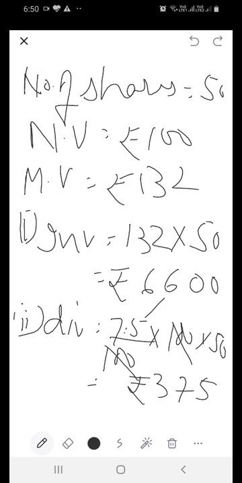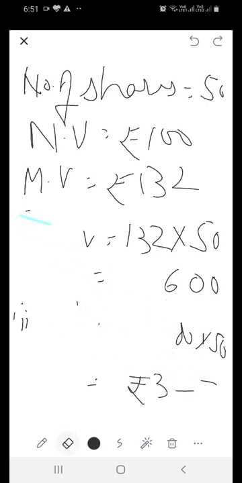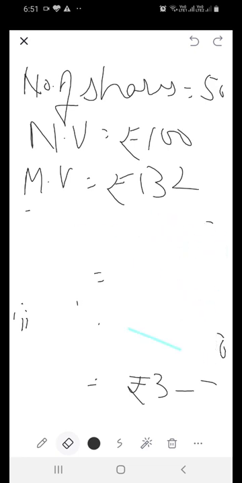Now the third part says if he wants to increase his annual income by rupees 150, how many extra shares should he buy? Because if you have more shares, you will get more dividend. So annual income, as I told you, is dividend only.